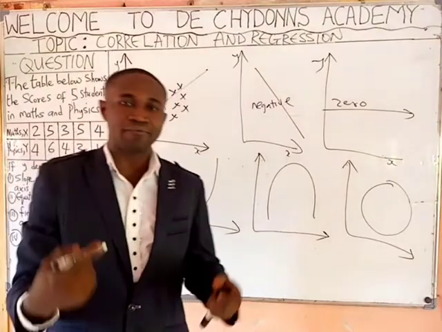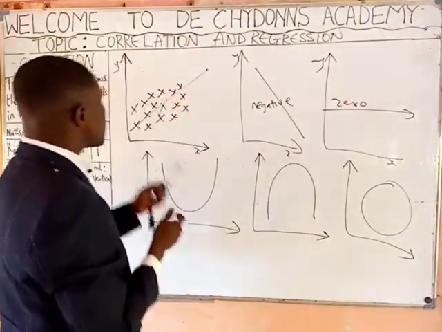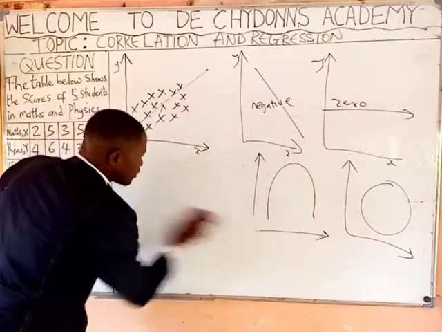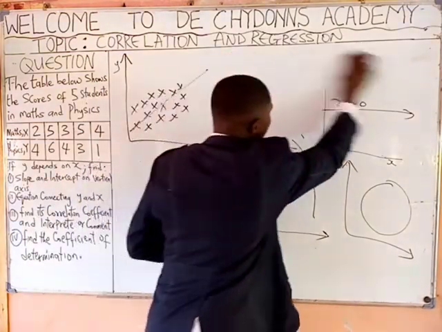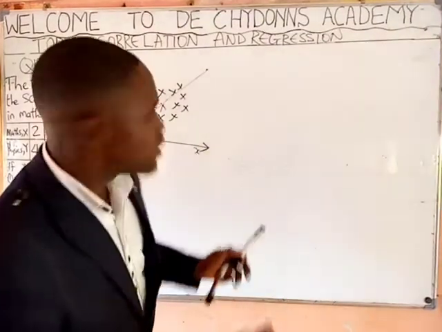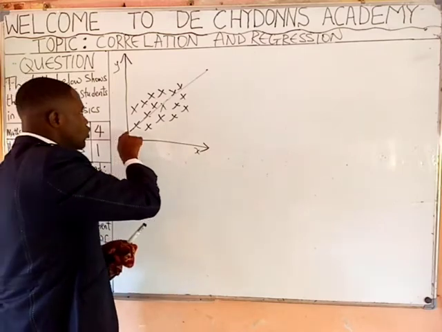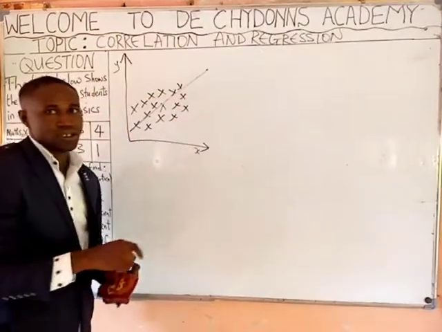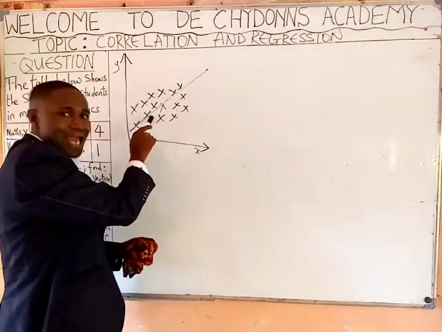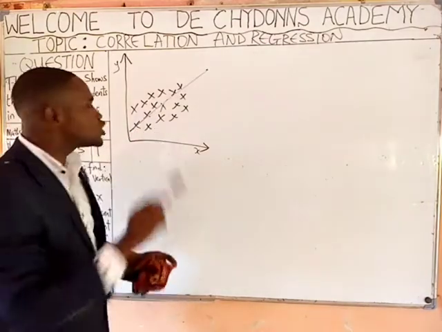It's a curved graph. Now, in correlation and regression, after plotting a graph and you have a positive graph, for instance, you will draw a line of best fit. This line we draw is called the regression line, or line of best fit, or least square line.